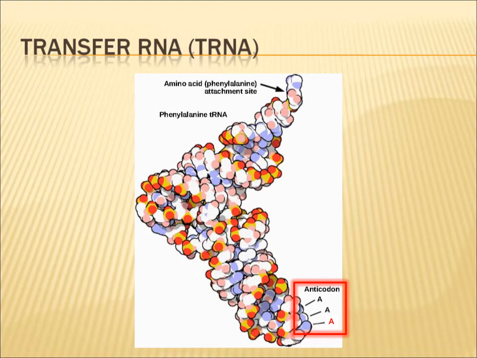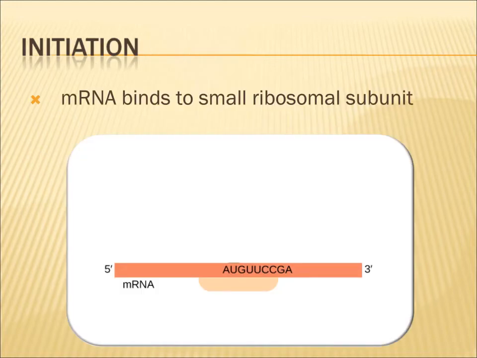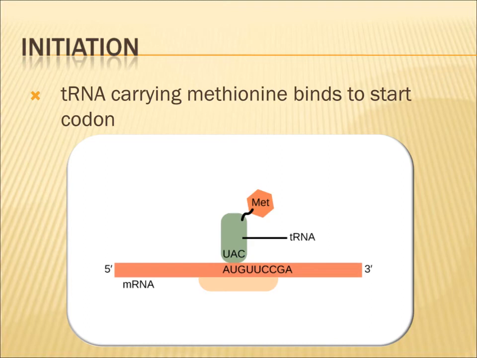Let's now take a look at the process of translation. Initiation of translation begins with the binding of the messenger RNA to the small ribosomal subunit in the cytosol. Then a transfer RNA carrying the amino acid methionine binds to the start codon AUG. Notice that the transfer RNA has the anticodon of UAC so that it may recognize the codon.